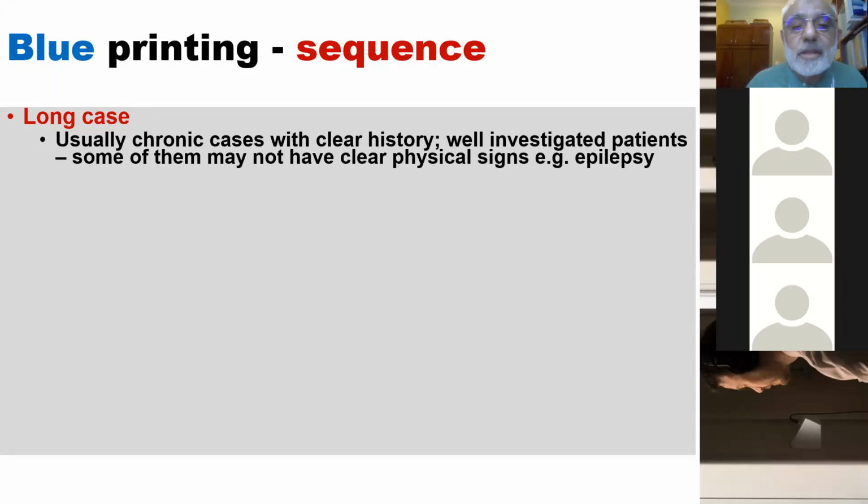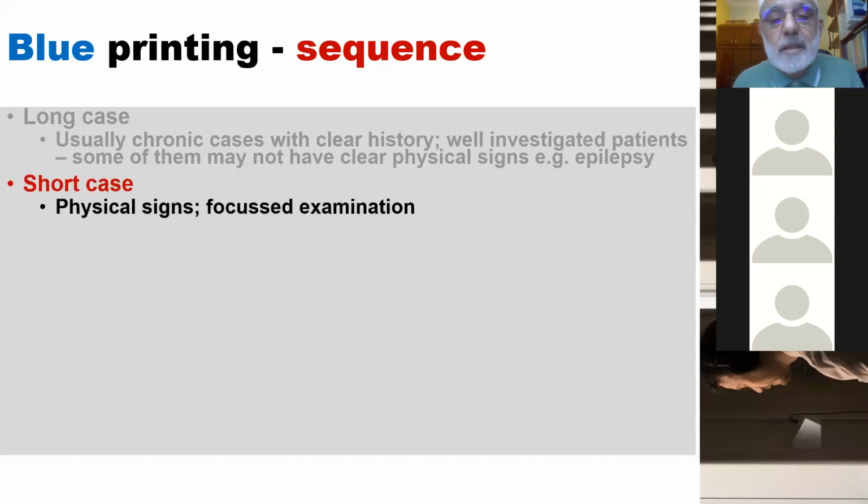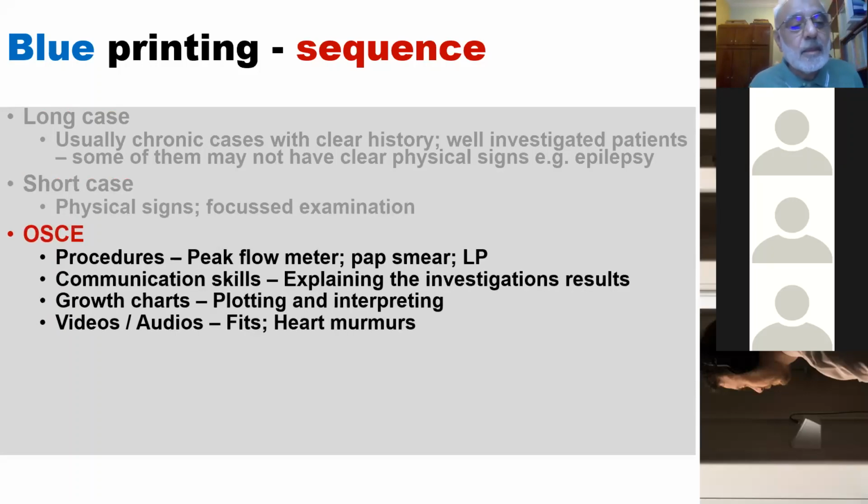Usually chronic cases with clear history, well-investigated patients, but not necessarily having clear physical signs, for example, epilepsy. There may not be any physical sign, but there would be a good history and investigation results. The clinical component can be covered mainly in the short case where the patient must have a physical sign and it is a focused examination.